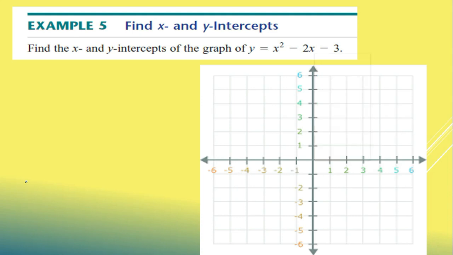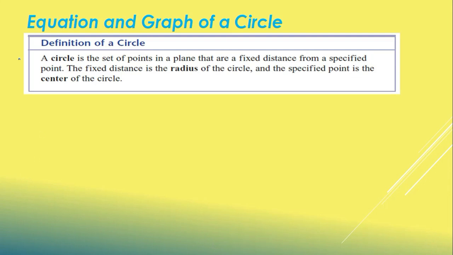The next one is equation and the graph of a circle. A circle is the set of points in a plane that are a fixed distance from a specified point. The fixed distance is called radius. Fixed distance is radius of the circle, and the specified point is the center of the circle.